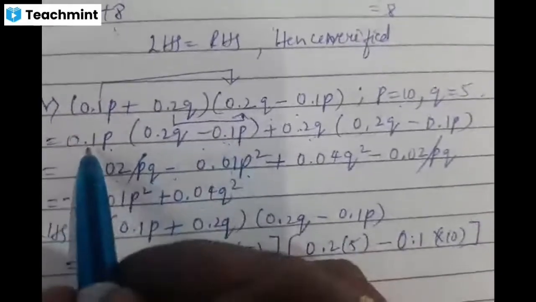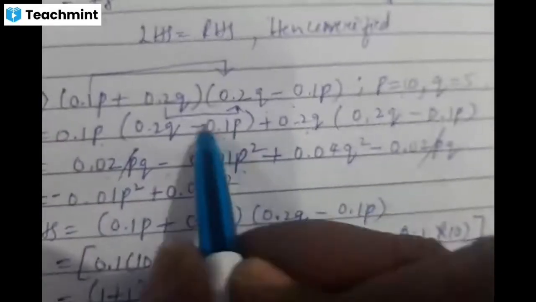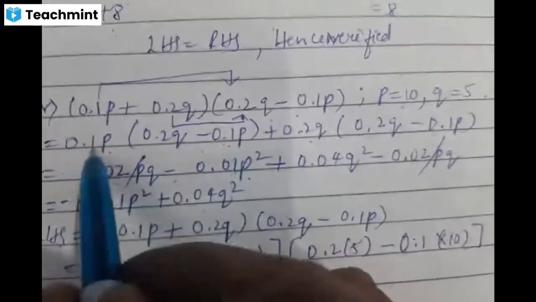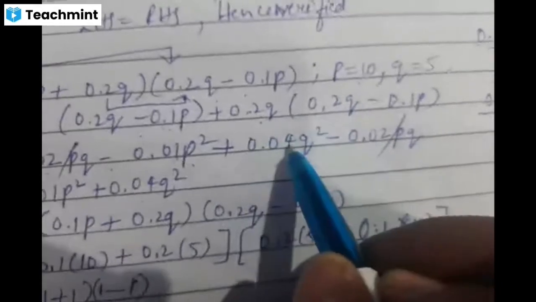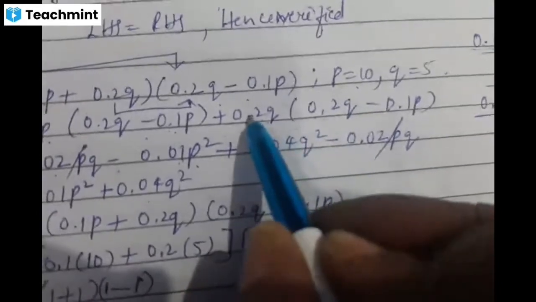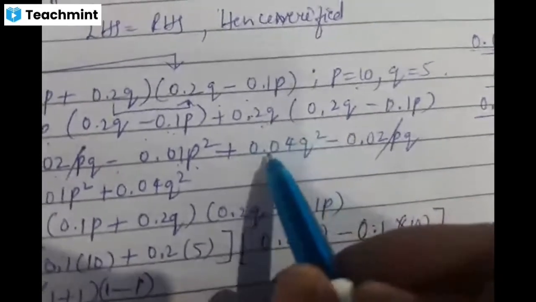If I ask you 0.1 into 0.1, 1 ones are 1. After decimal point you should be having 2 digits. So 0.01. Here 2 2s are 4. After decimal point you should be having 2 digits. So 0.04. Here again you have 0.2 into 0.1.